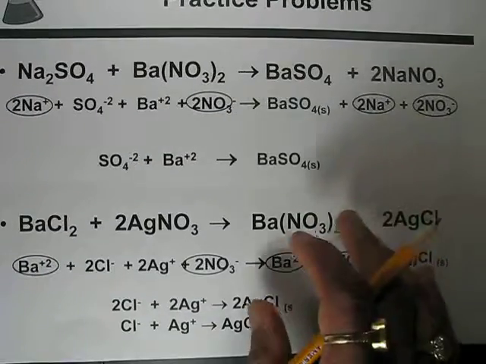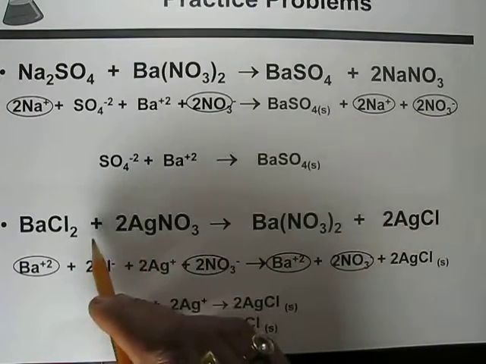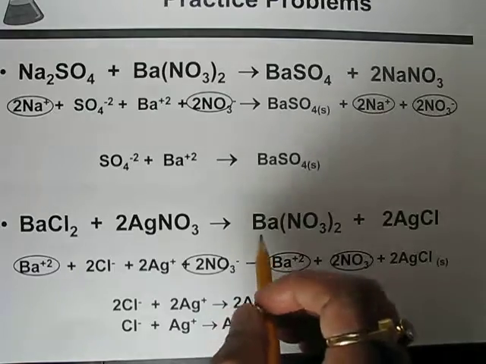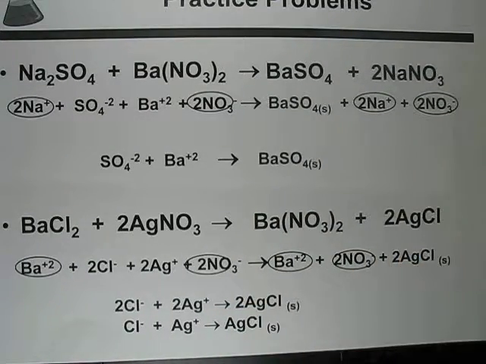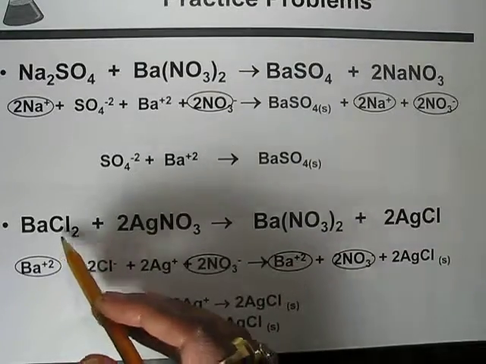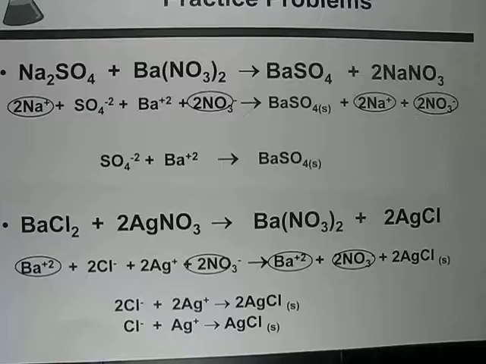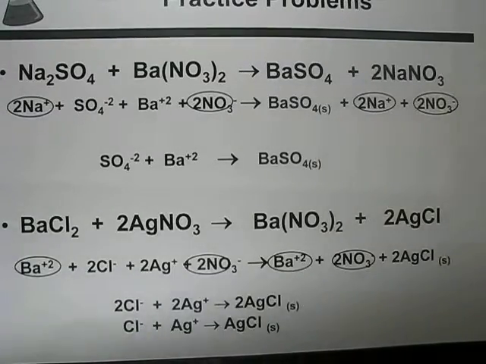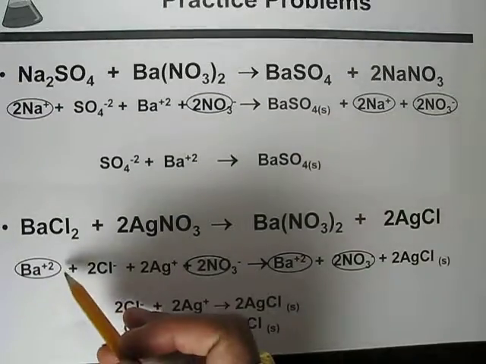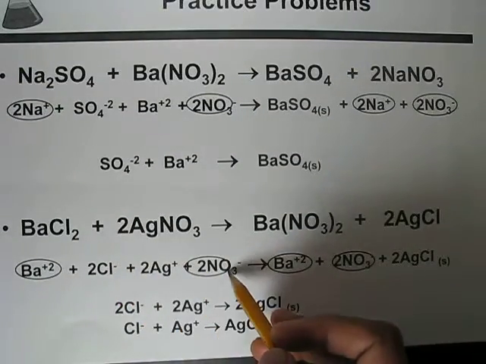Another example is barium chloride. When it reacts with silver nitrate, it forms barium nitrate and silver chloride. Again, on the reactant side all the ionic compounds are dissolved and ionizing into ions: barium ion, chloride ion, silver ion, nitrate ion.